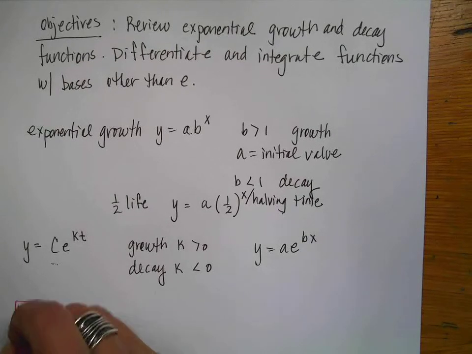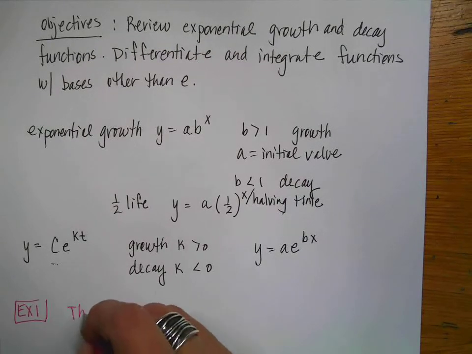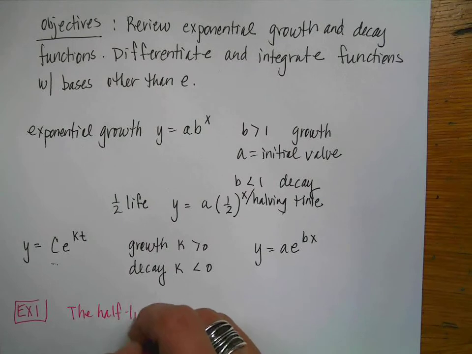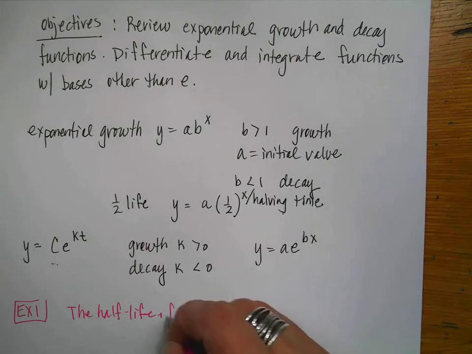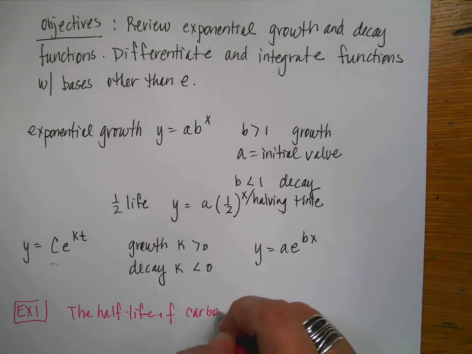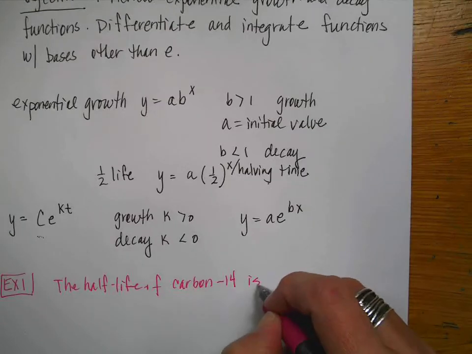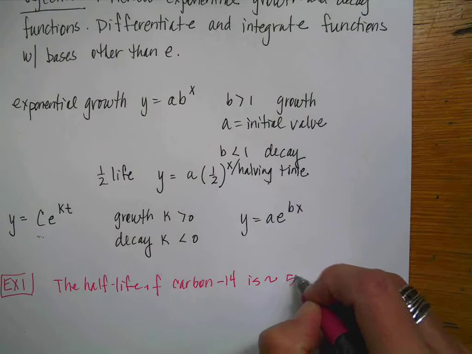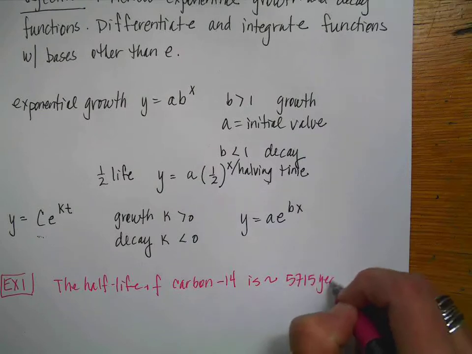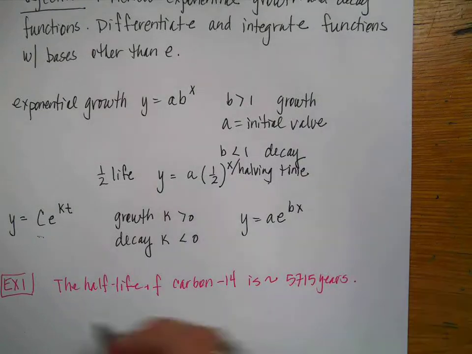So example number 1 says that the half-life of carbon-14, which is the element that they use to date things, is about 5,715 years, which is fascinating.